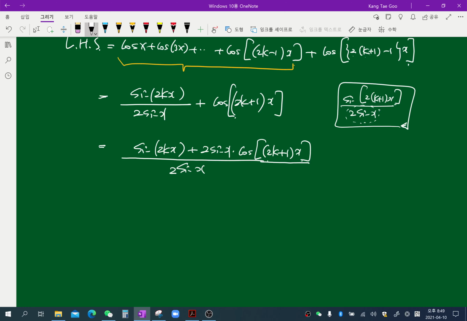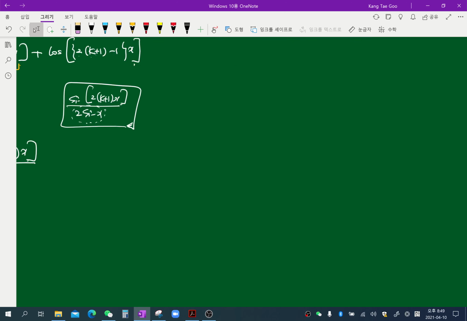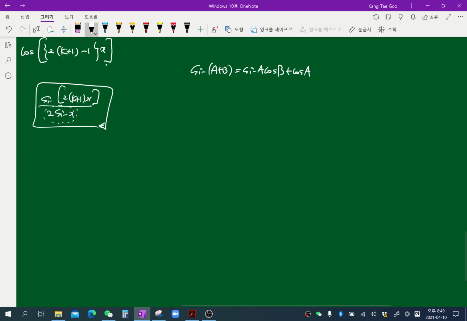Here what we need to have is a so-called trigonometric identity, right? What's that? Sine (a plus b) is what? It is sine a cosine b plus cosine a sine b, right?